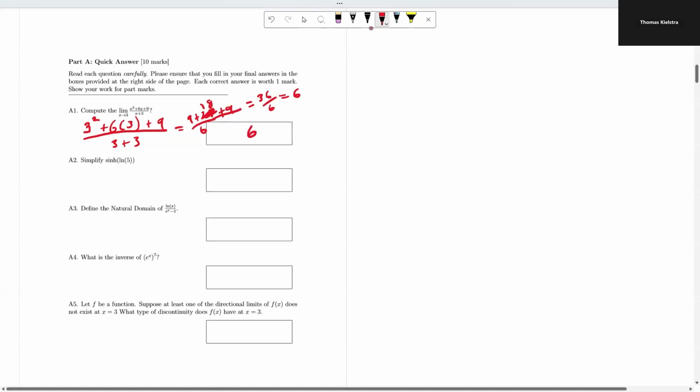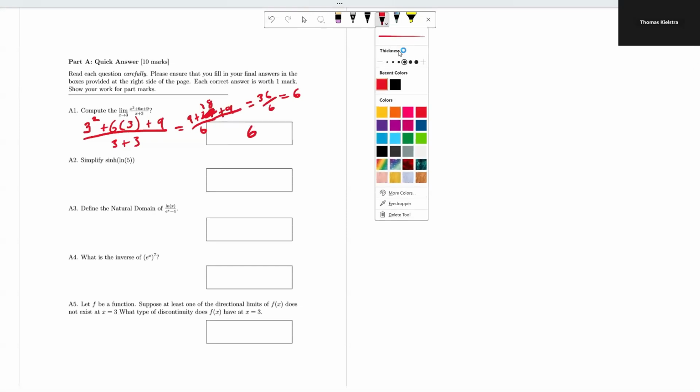So the limit is 6. And you simply just plug it in.